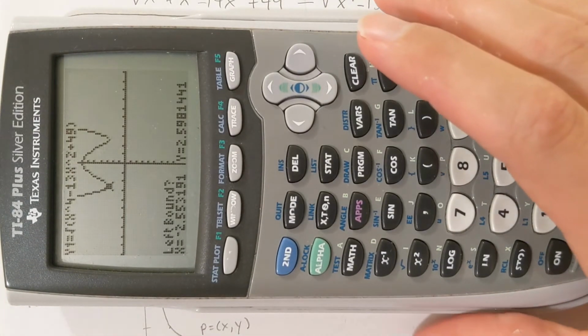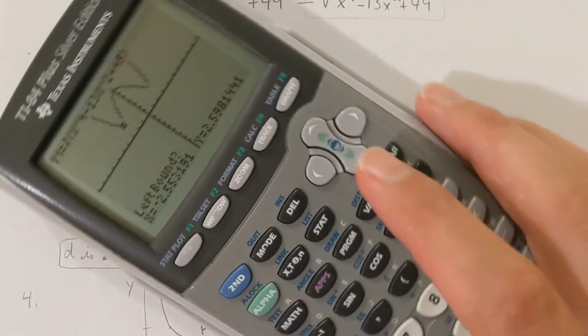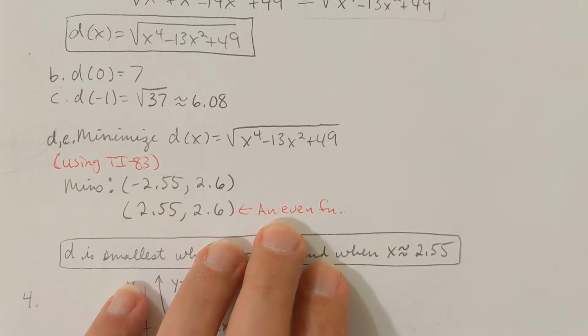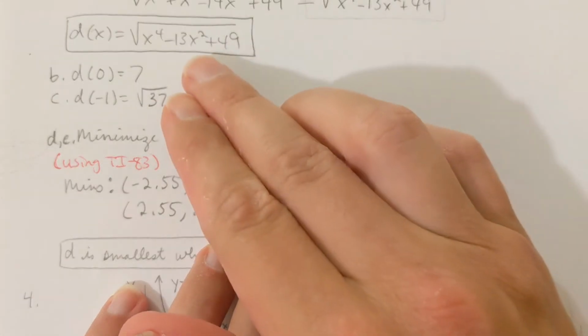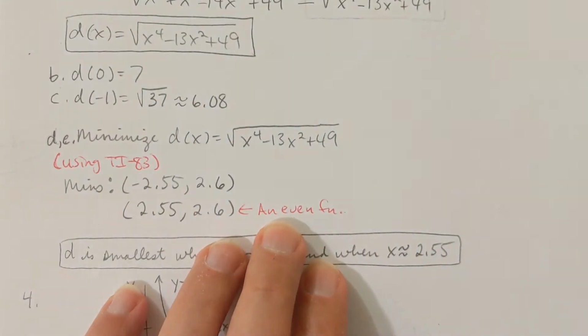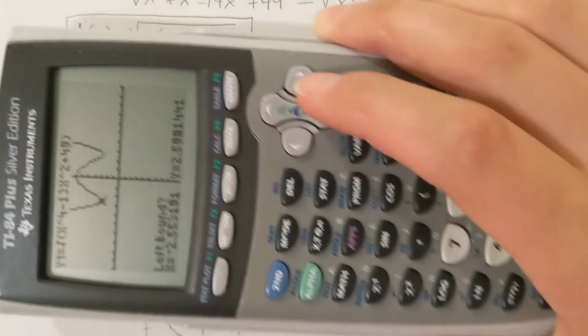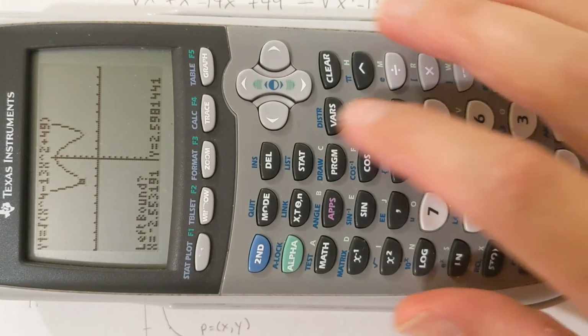And by the way, the answer here using symmetry, since this is an even function, is going to be the same. Well, the x value is going to be different. The y value is going to be the same though, and I can see that from my picture.